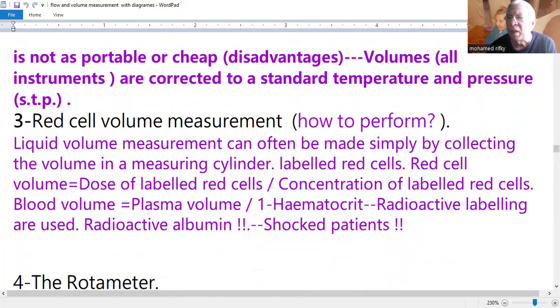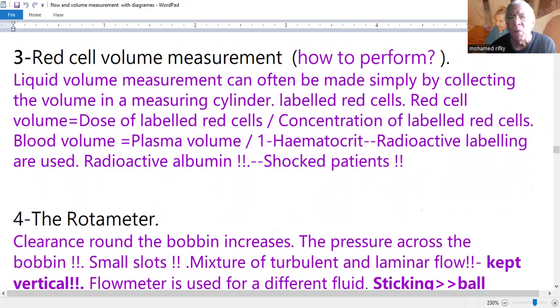Now we come to the blood, the liquid volume measurement, and we have the dilution method. Of course, the dilution method means that I'm injecting labeled RBCs, suppose, in the circulation, and then I try to find its dilution, and then I can later on calculate the blood volume, and from drawing the hematocrit I can calculate the total blood volume.